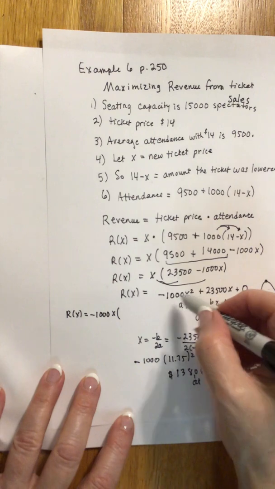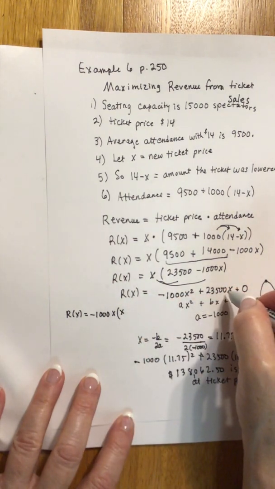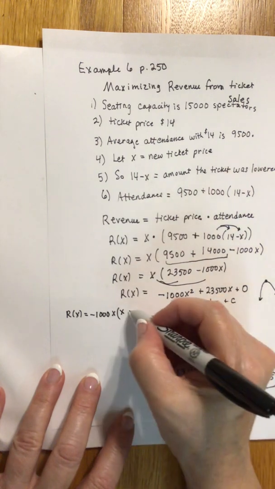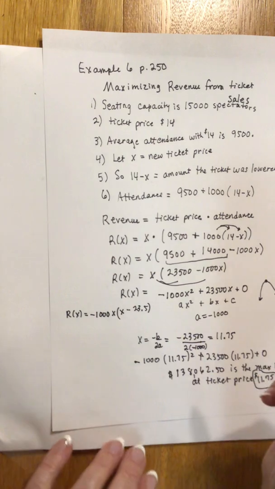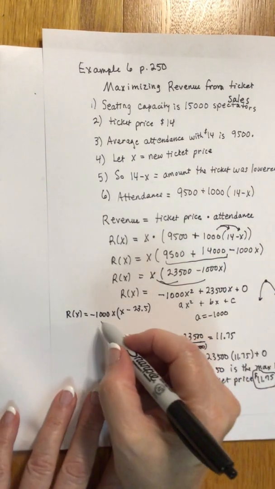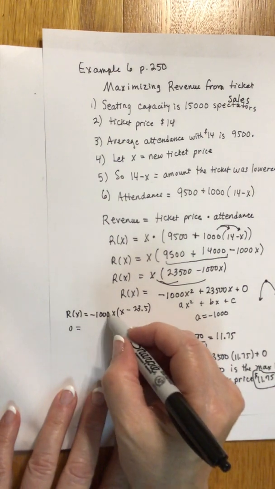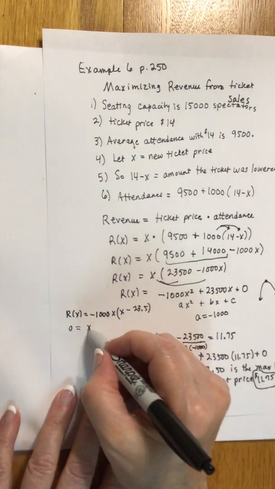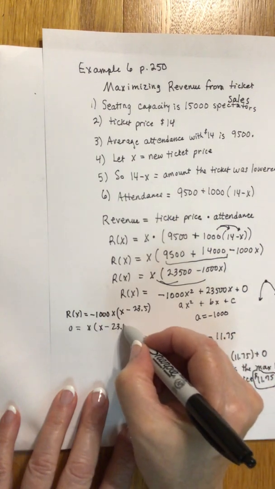So that would give me an x inside for this one. And for this one right here, it's going to give me minus 23.5. So if I say, when is my revenue 0, I'm going to divide the negative 1,000 on both sides. So I get x times x minus 23.5.